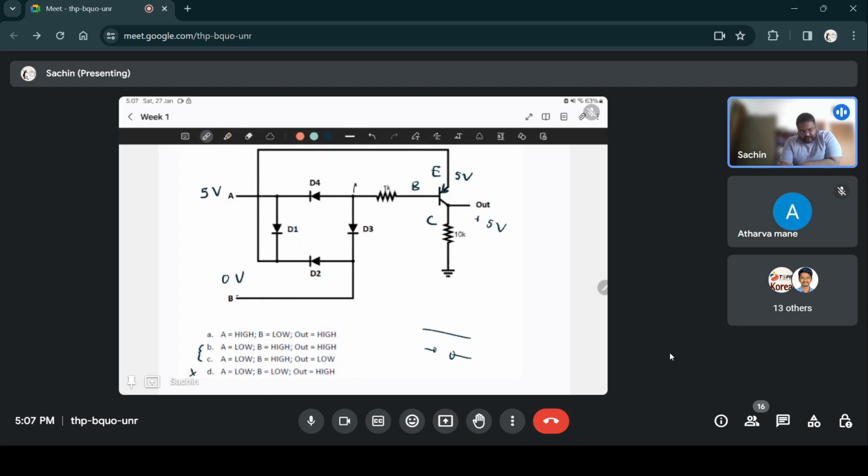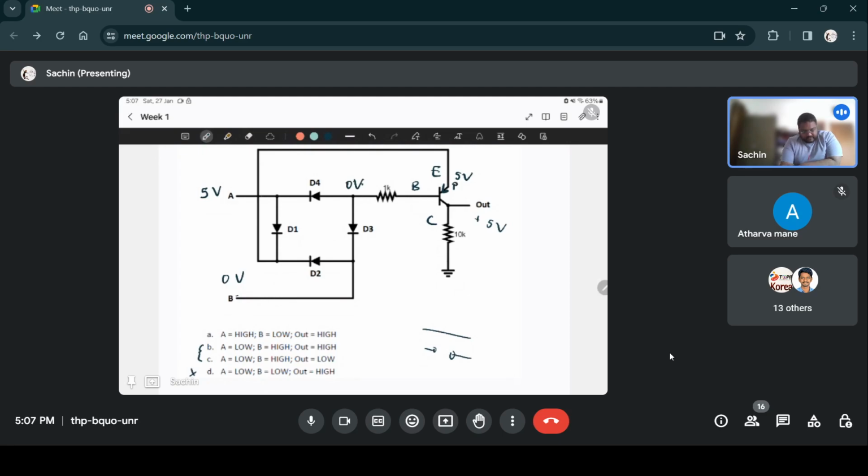Because let's say there was any higher voltage here, if it was like 1 volt, let's say initially, that would mean that since this is 0 volts and this is 1 volt, D3 is forward biased, so it would just be like a straight line. So that would pull this voltage down to 0 volts again. So because of this diode D3, this is at 0 volts.